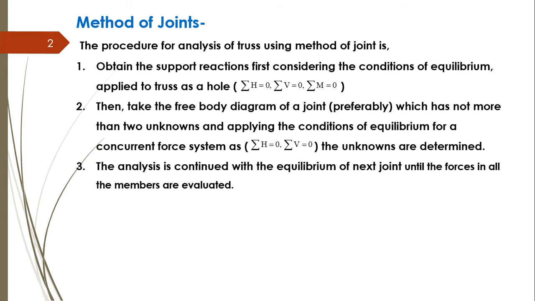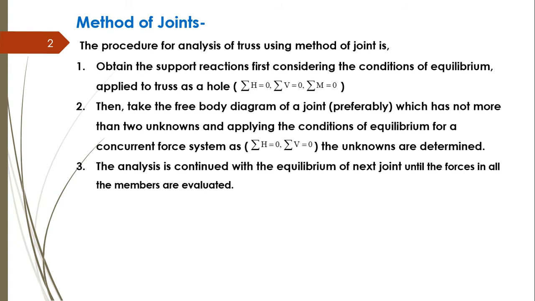It means that whatever the supports and the external forces given, we have to release those supports in terms of unknown reactions and show them in the free body diagram, as well as the external forces acting on that truss, and then apply the conditions of equilibrium to the whole truss, that is, summation of horizontal forces is 0, summation of vertical forces is 0, and summation of moment is 0.